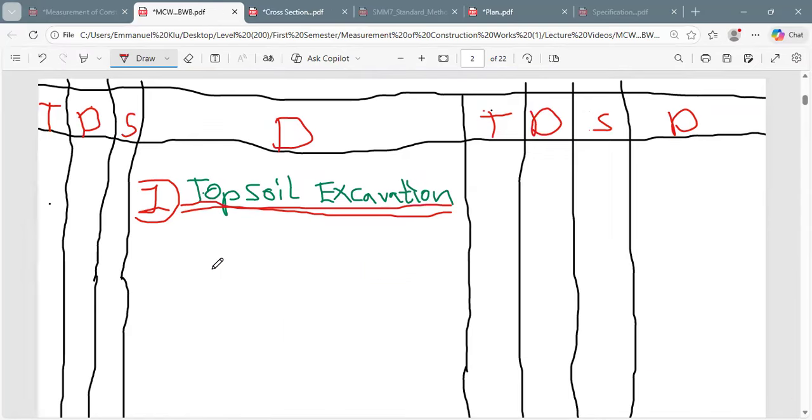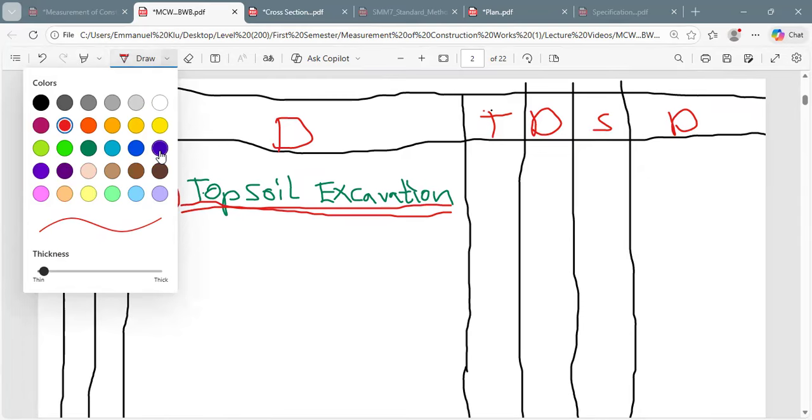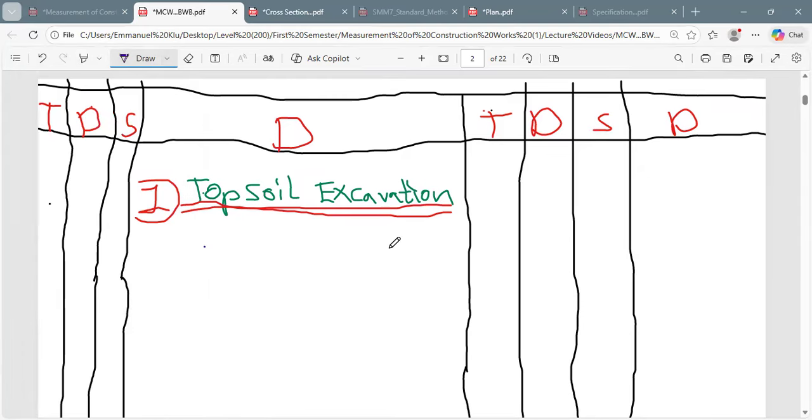Let me quickly move to my takeoff sheet and proceed.